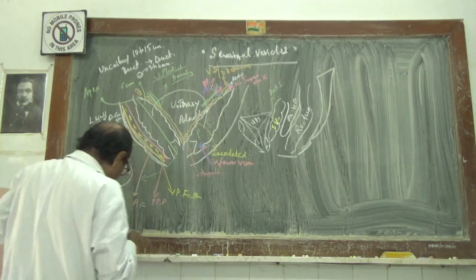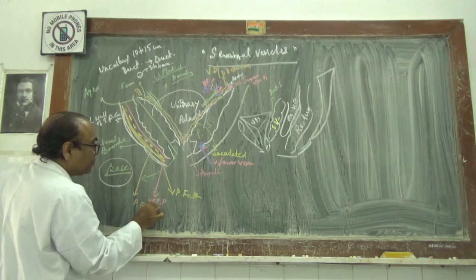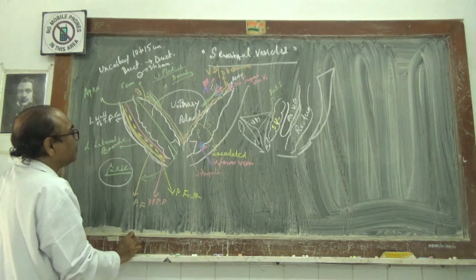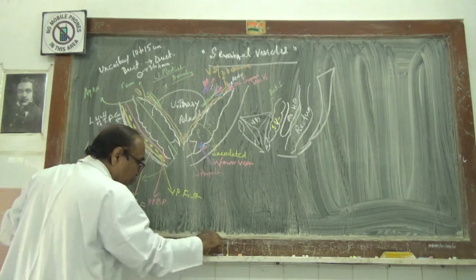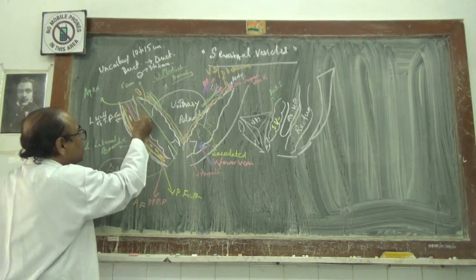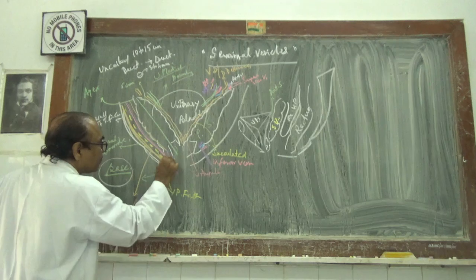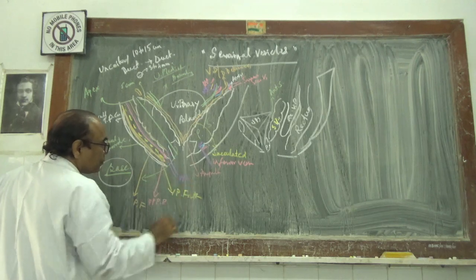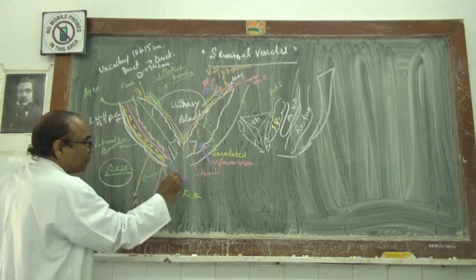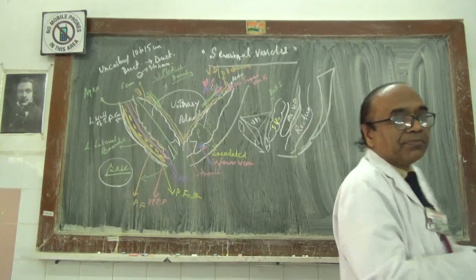Apart from the pelvic parietal part of the peritoneum, it is also related to the visceral part of the peritoneum, that is, the pelvic reflection of the visceral part of the peritoneum.